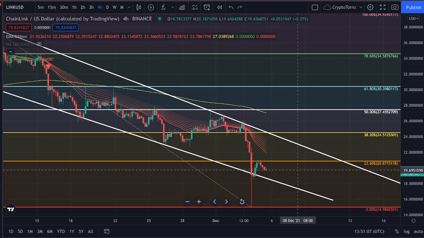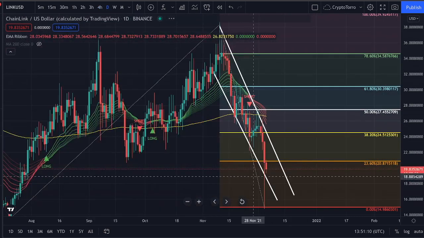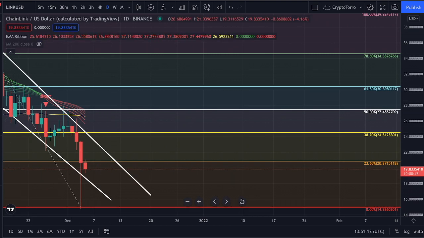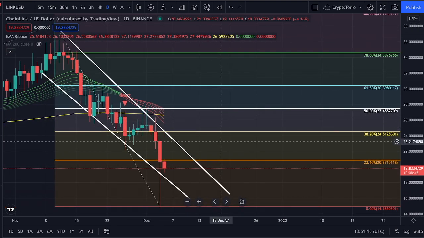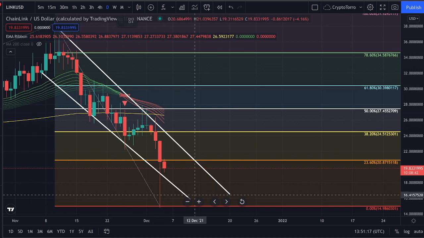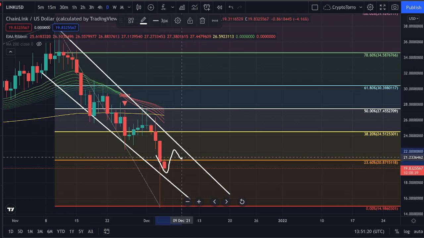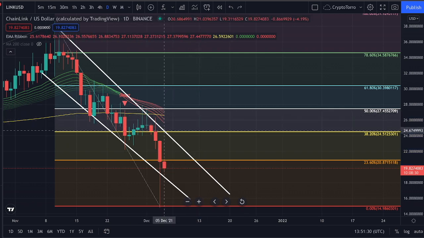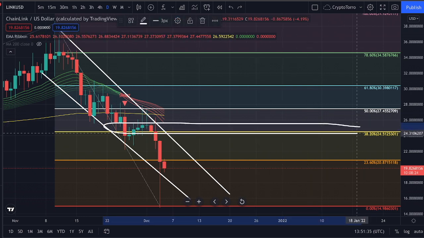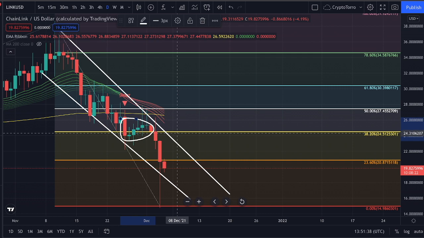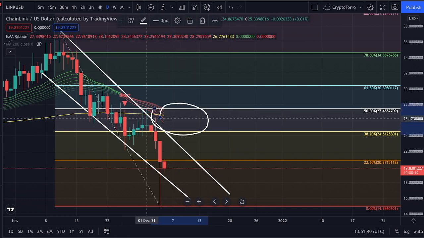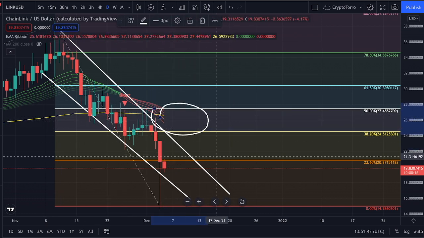If we head towards the daily time frame, what you can clearly see is that we are also experiencing resistance by the EMA ribbon on the daily time frame, but a little bit further above. Therefore, if we see an increase in price action finding support on top of the 23% range and eventually breaking out above this descending resistance, we will have to see a major stronghold of resistance above us at the 38.2%, if you ask me, especially because we have seen previously support being found on top of this range, and we are also seeing the EMA ribbon on the daily time frame as a level of resistance at the exact same point.